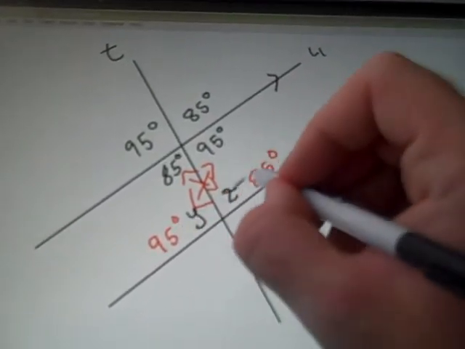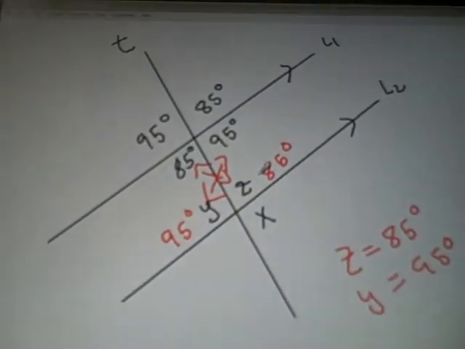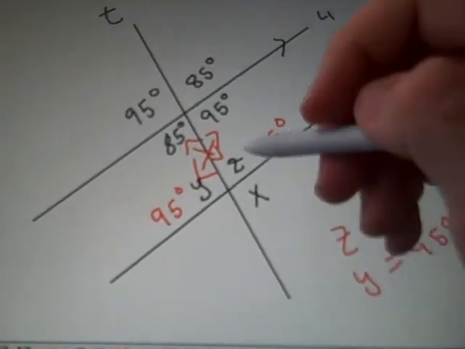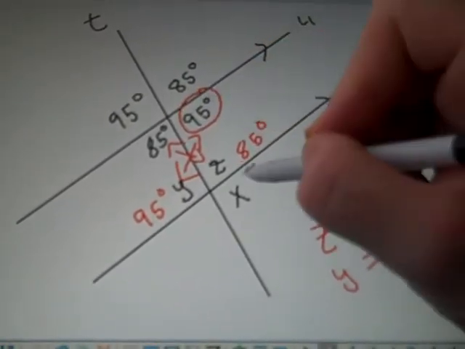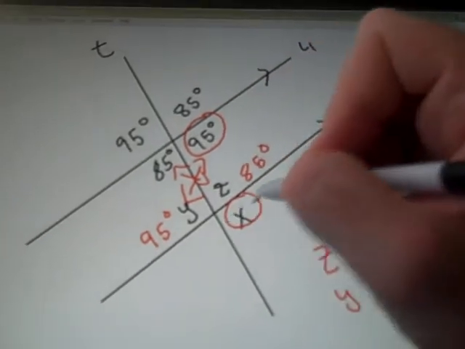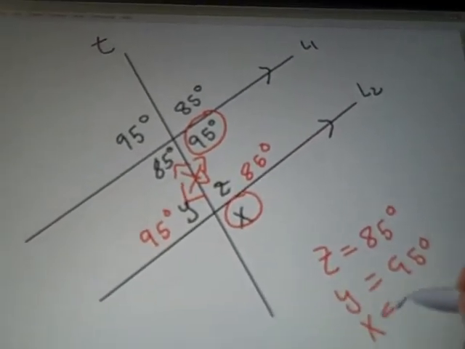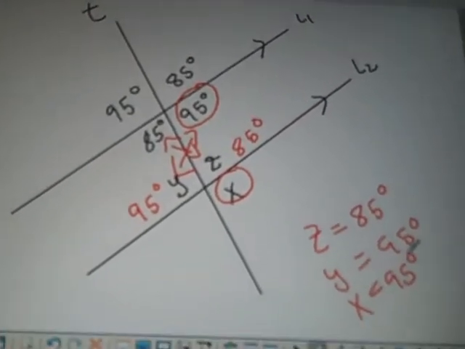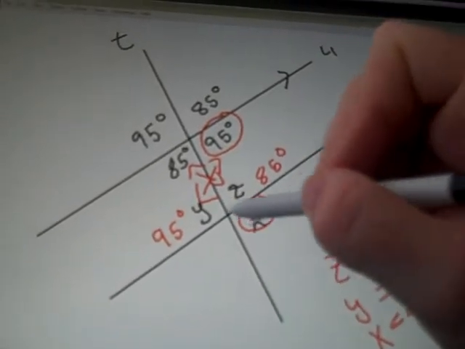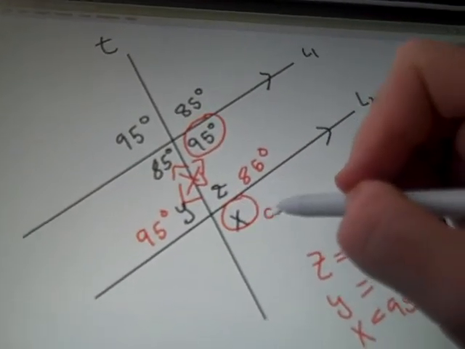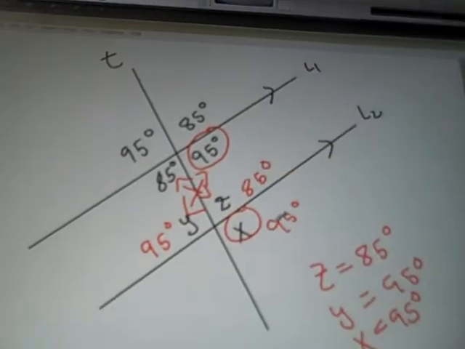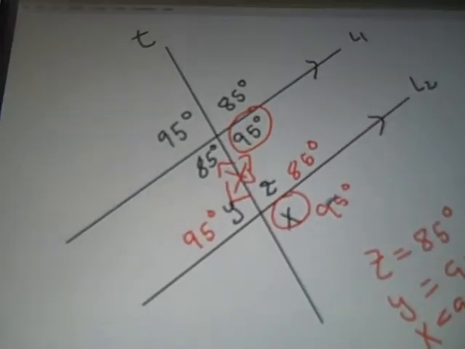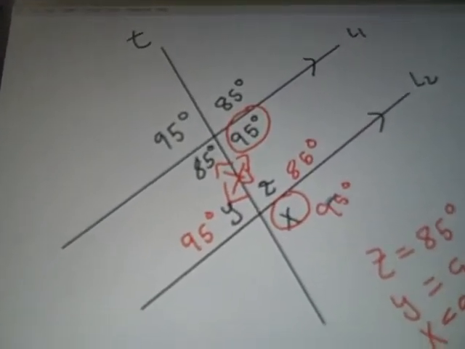Do these still add up to 180? Yes, they do, so we're still good. I can also use my corresponding, so lower right and lower right. Therefore, x equals 95 degrees. And I can check that because of the vertical angles. Are my vertical angles still congruent? Yes, they are. Okay. All of those things are congruent.